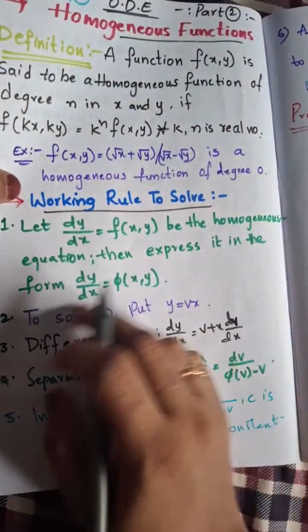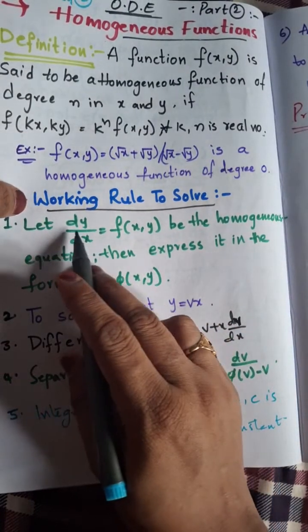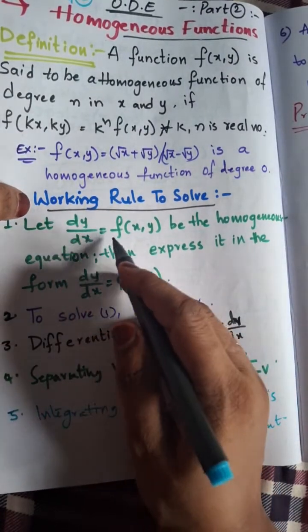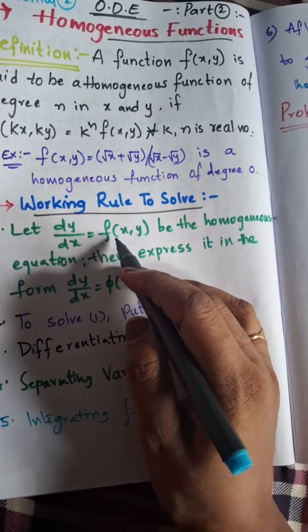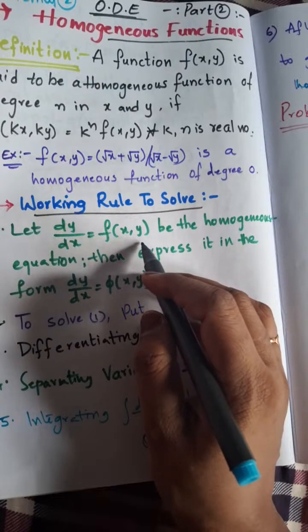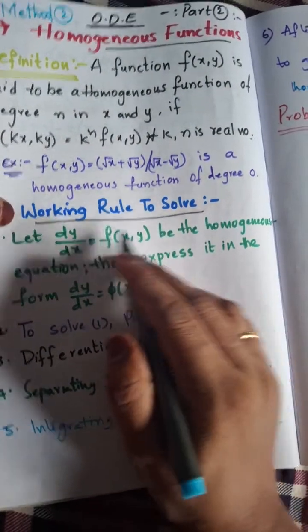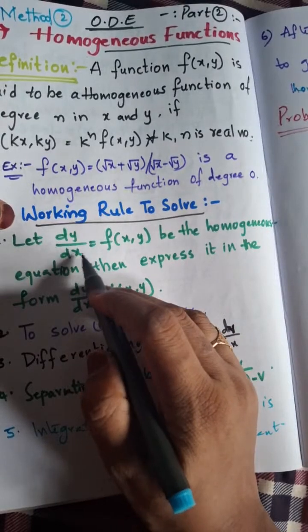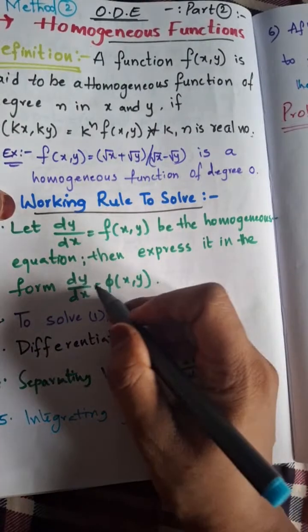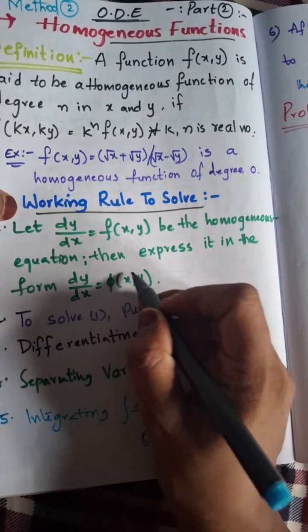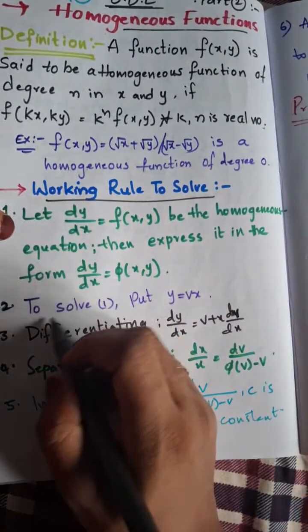First, we take dy by dx equal to f of x comma y, where f of x comma y is the homogeneous function. We express it in the form dy by dx equals phi of x comma y, and solve this.